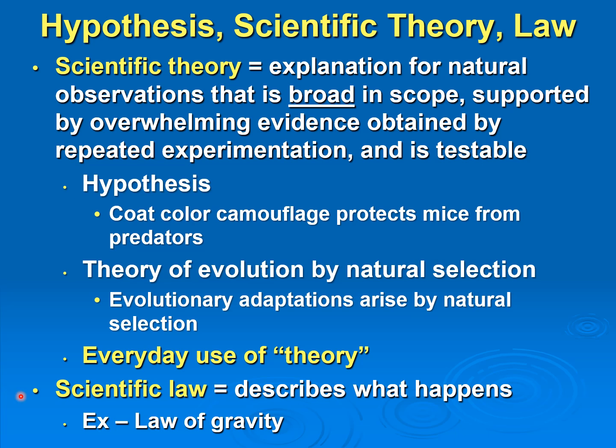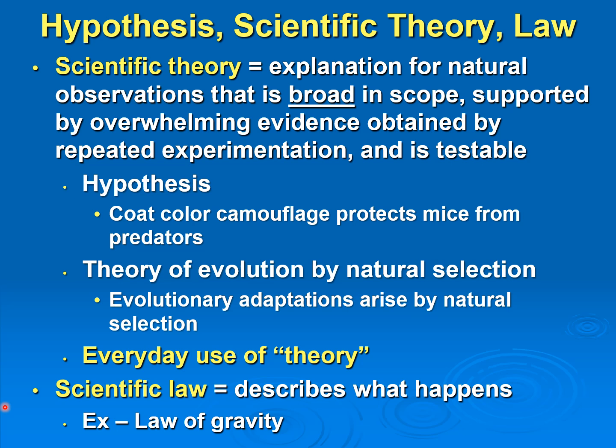And then we also have a scientific law. Whereas a scientific theory is going to explain how or why something happens, a scientific law is going to describe what happens. An example of a scientific law would be the law of gravity, like an apple is going to fall from the tree.